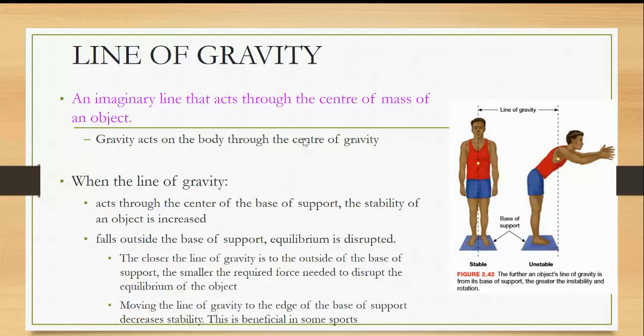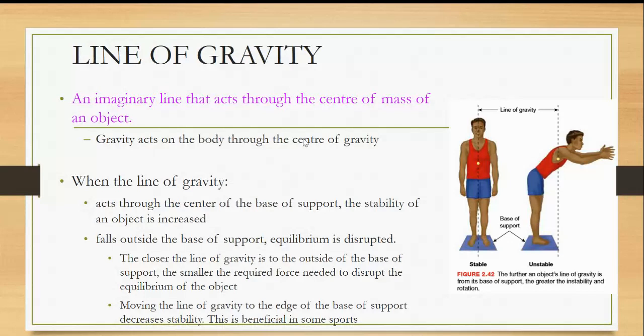So when we're talking about the line of gravity, we're talking about the center of gravity straight down to the ground. Okay? And when the line of gravity is through the center, the stability is increased. Whereas if the line of gravity falls outside of the base of support, the person's equilibrium is disrupted.